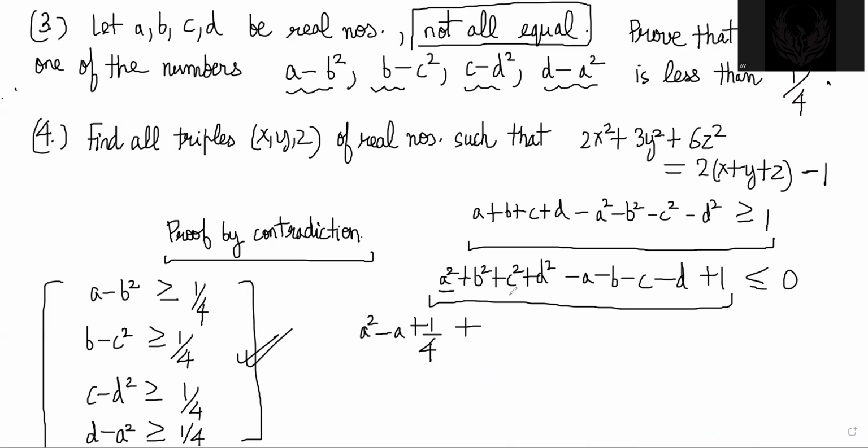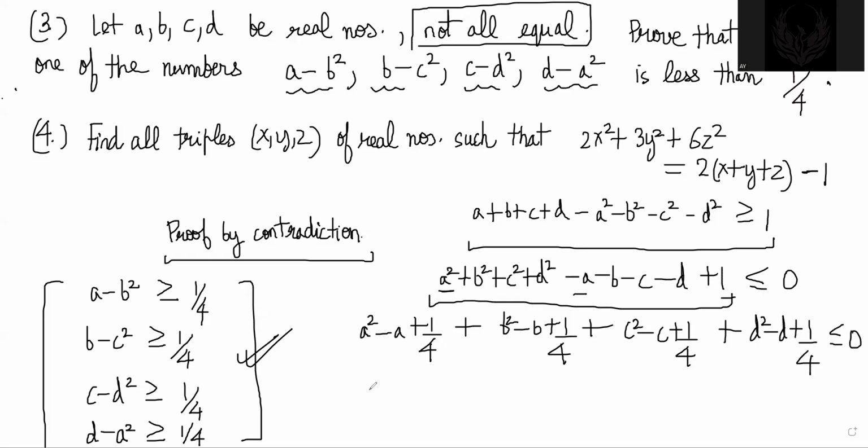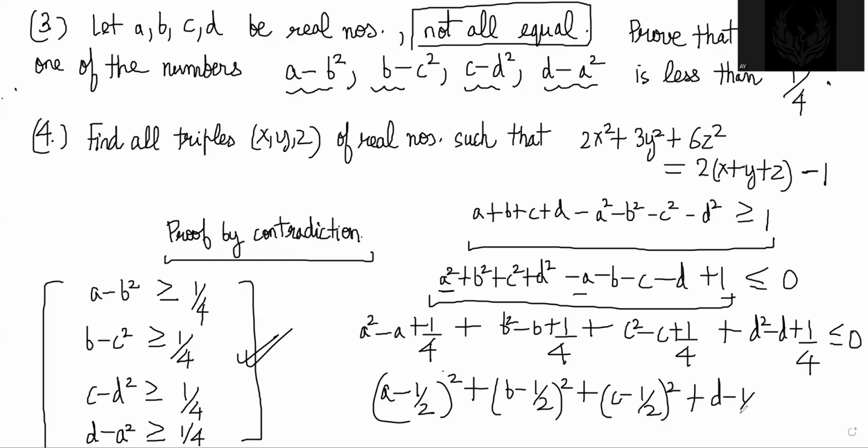You can say a square minus a plus 1 by 4 and b square minus b plus 1 by 4. We are getting a sum of 4 squares here, right? Yeah. Okay, got it. Less than or equal to 0.